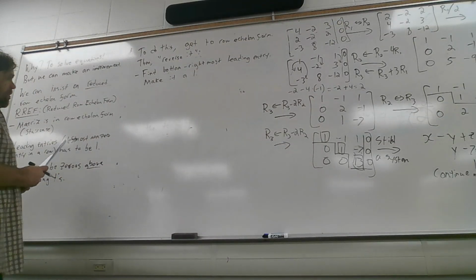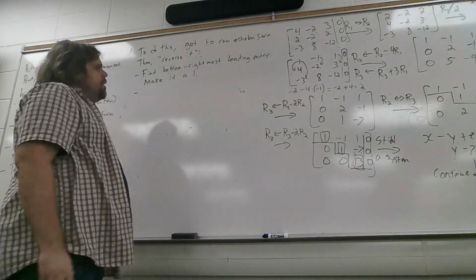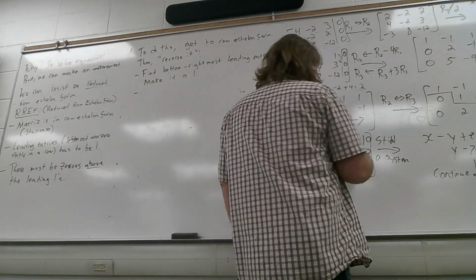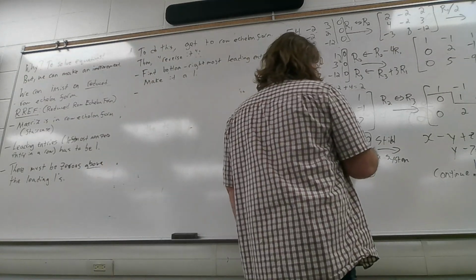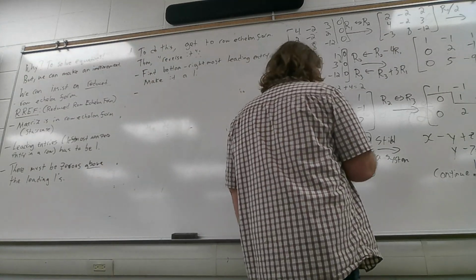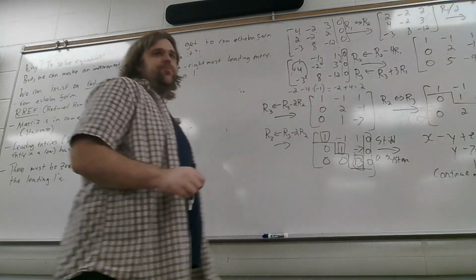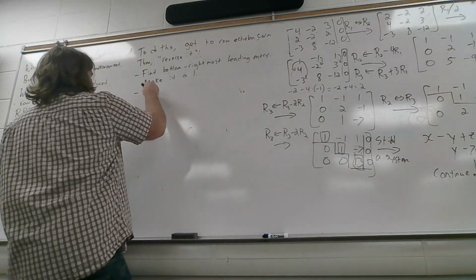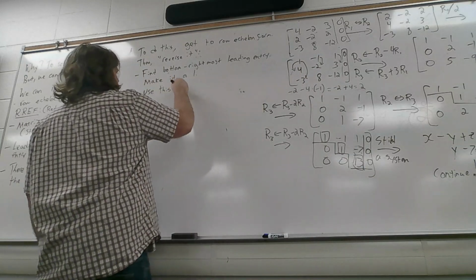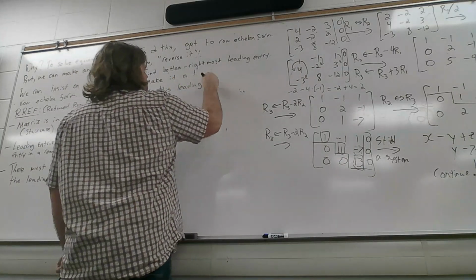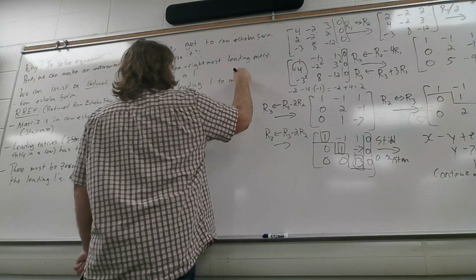Okay, now the next step is we're going to use this one we just created to make zeros above. Use this entry, this leading one, to make zeros above.